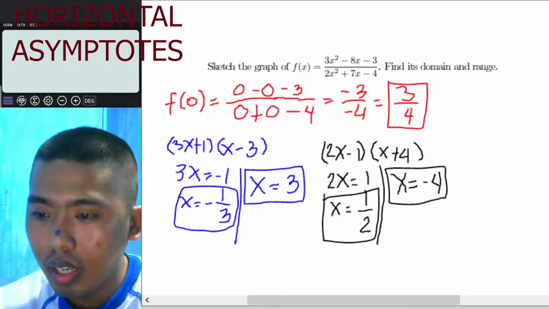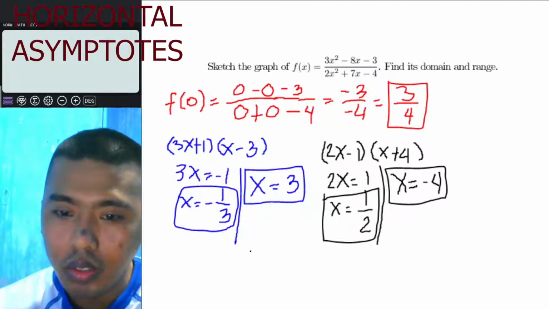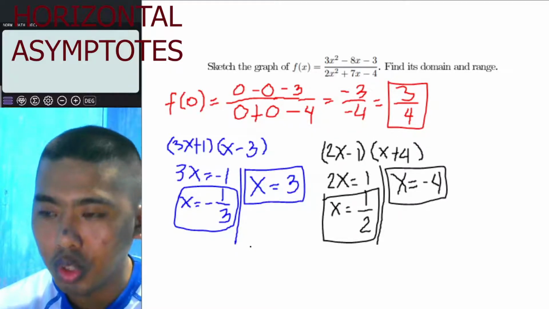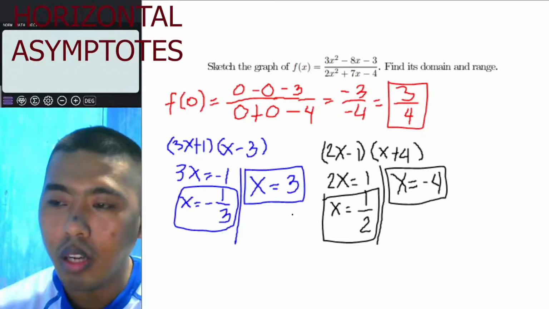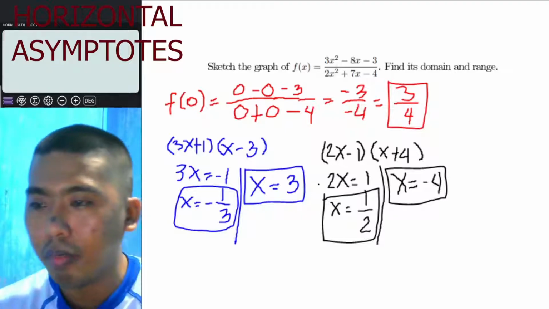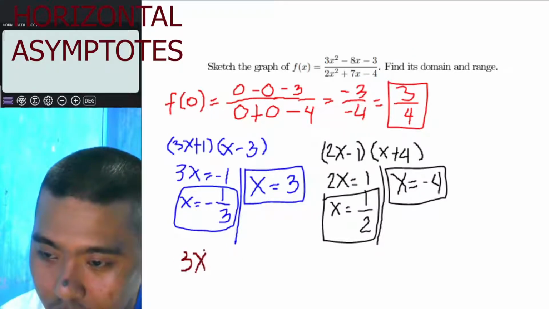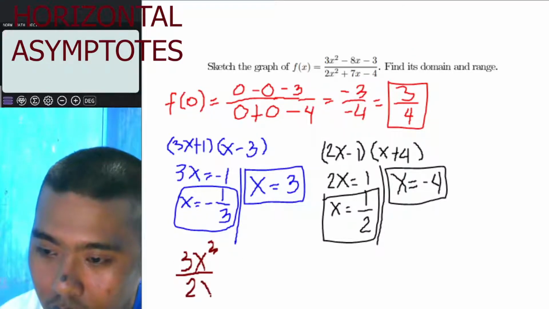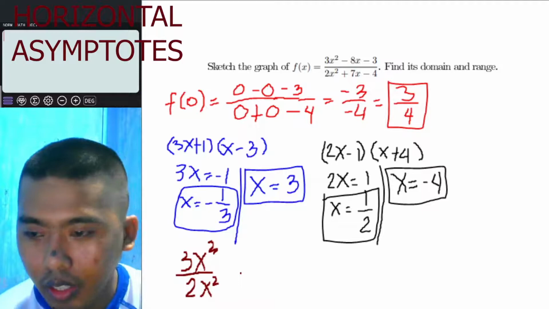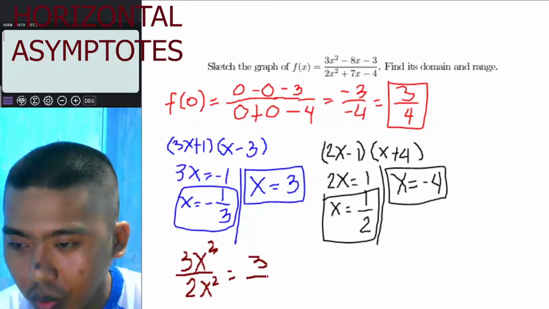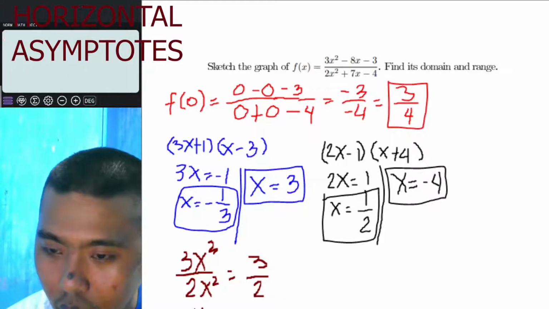We look at the leading term of the numerator and the denominator. We have 3x squared and 2x squared. Since the exponents are the same, we can conclude that we have a horizontal asymptote, and it is 3/2. So our horizontal asymptote is y equals 3/2.